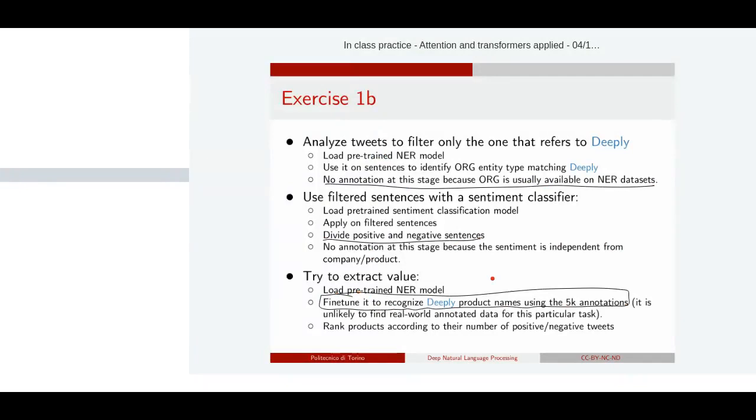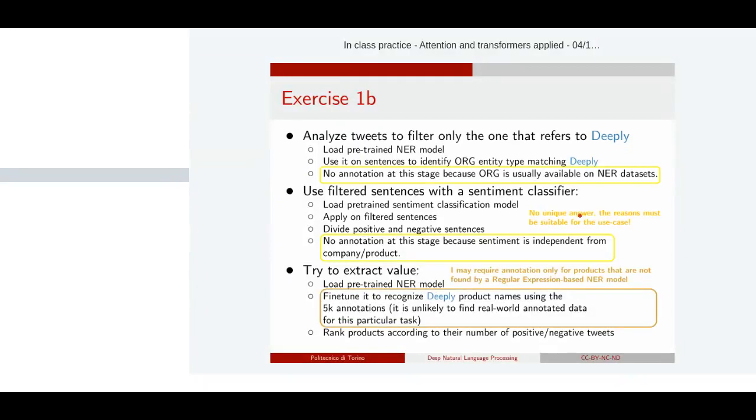So if you have your products that are named in a specific manner, I don't know, model 1 and model 2, you can use those annotations to fine-tune the entity recognition model that is able to recognize the name of given products. So in this case, we choose to use the annotations in the named entity recognition part.